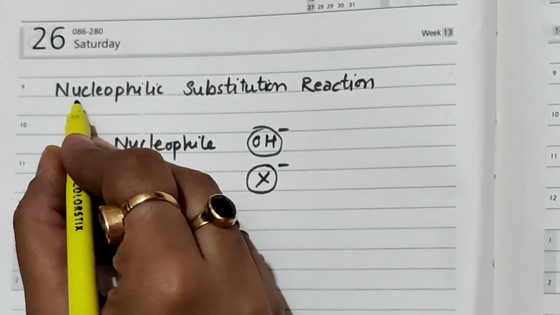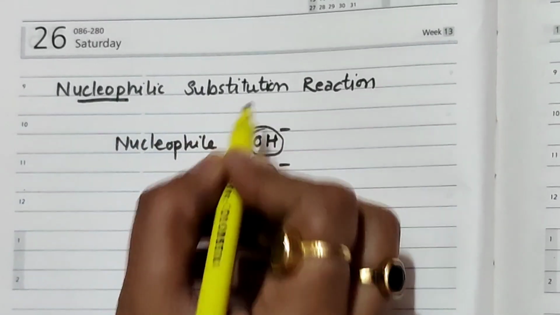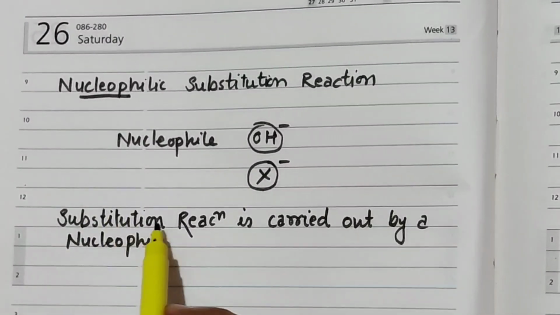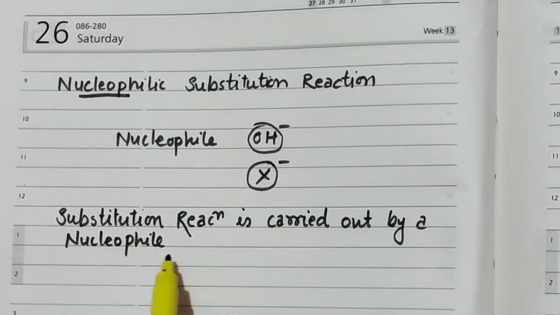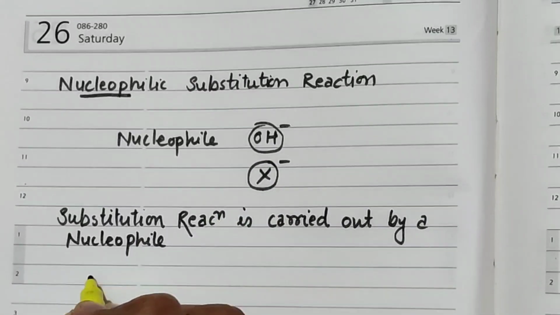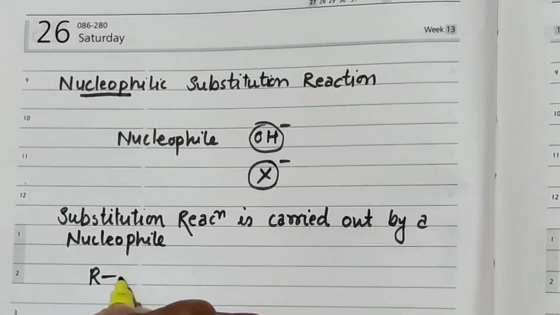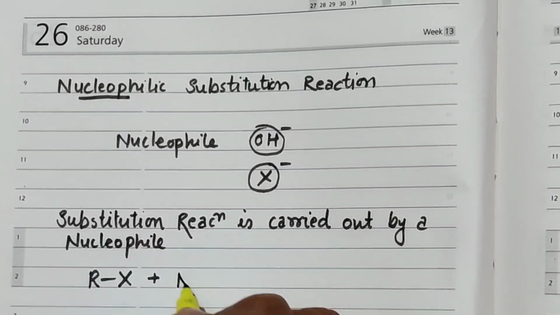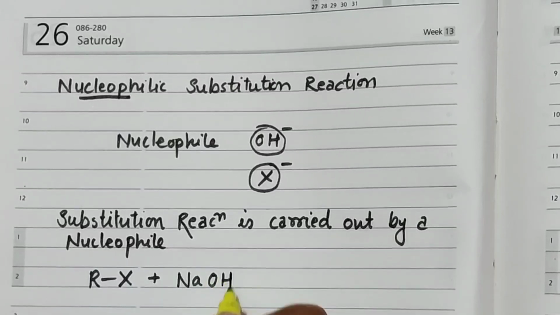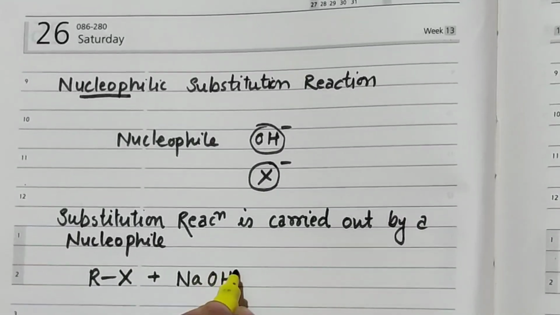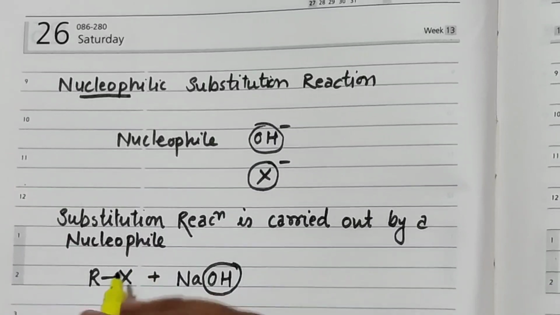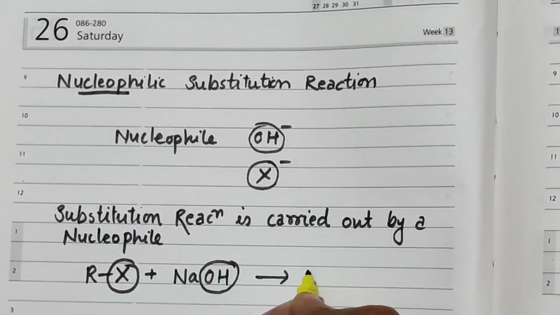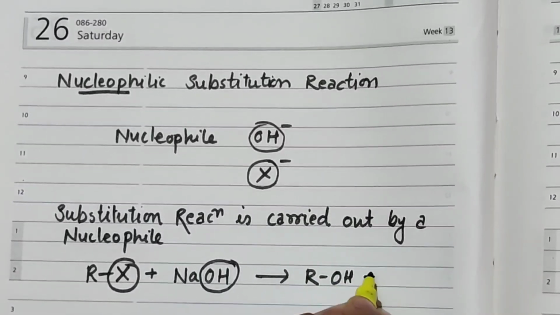So this kind of reaction, where a substitution reaction is carried out by a nucleophile, is a nucleophilic substitution reaction. For example, if we have a haloalkane, that is RX, and a nucleophile such as NaOH attacks it, this nucleophile substitutes the position of X and forms ROH and NaX.